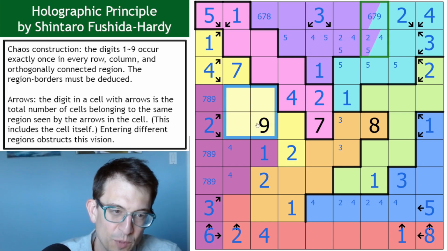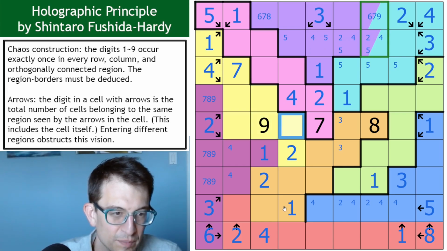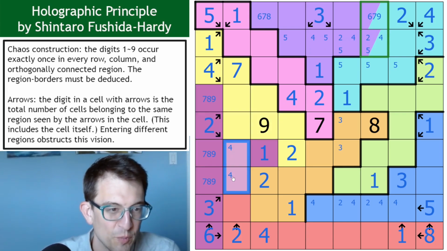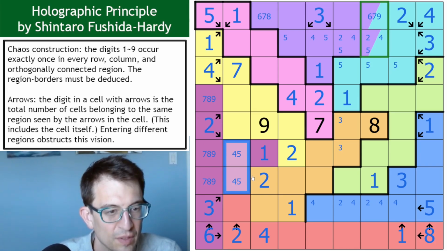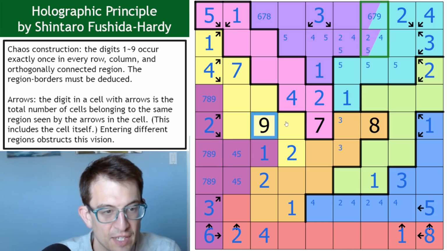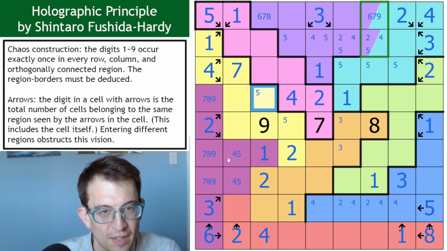I don't know if I can do more than that. Oh, these are 7, 8, 9. So this is a 4, 5 pair. Which means my 5 in yellow is one of those 2 spots.